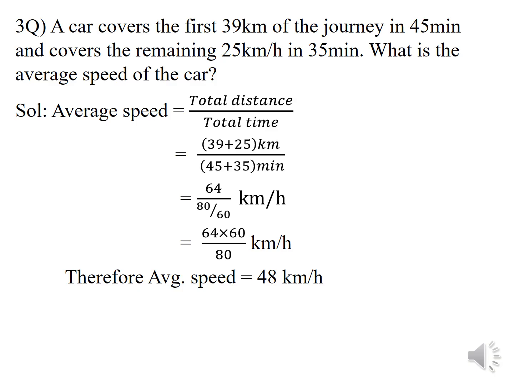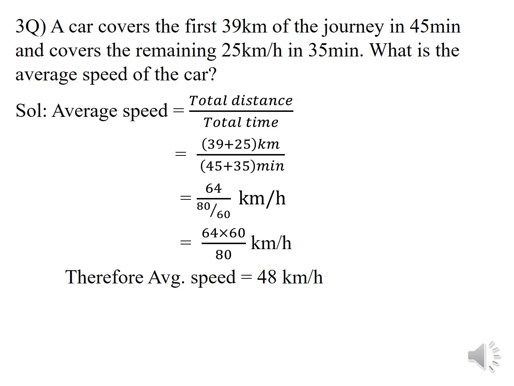Since we know the average speed formula is equal to total distance by total time. Here total distance is 39 plus 25 kilometers divided by total time is 45 minutes plus 35 minutes. So here we need to convert minutes into hours. As we know 1 minute is equal to 1 by 60 hours, no? First write down the numerator part, that is 64, by, after adding 35 plus 45 minutes we got 80 minutes.